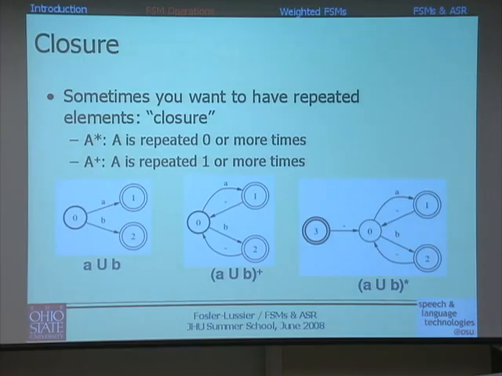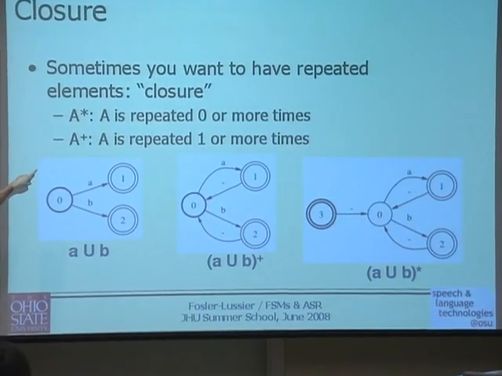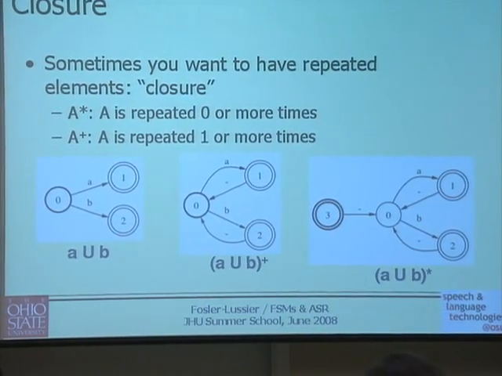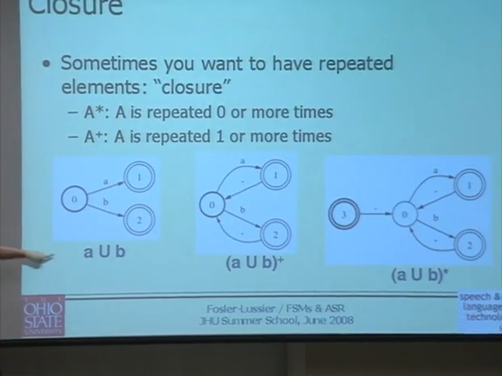Finally, sort of self-attachment is closure. So you've got A star, A plus; these are the Kleene closures. This is Kleene star, which is that you have A repeated 0 or more times. A plus is A repeated 1 or more times. So here's A union B, or A or B, right?